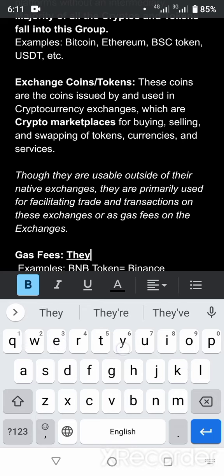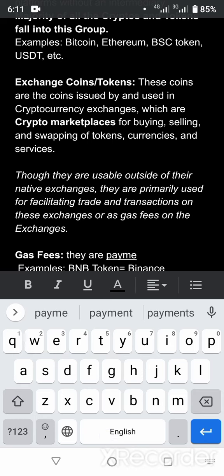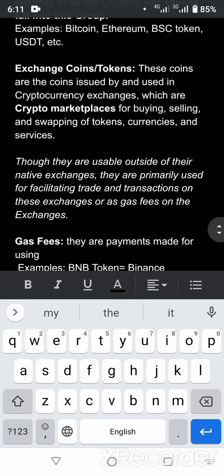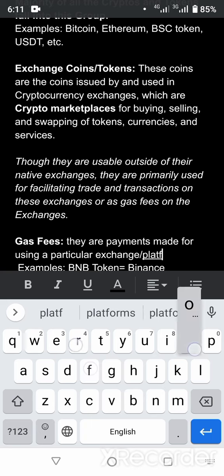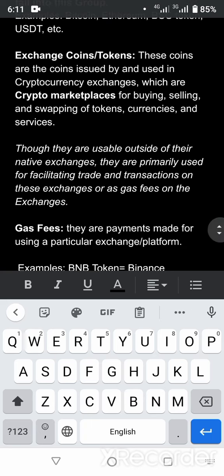Gas fees are payments made for using a particular exchange or platform.